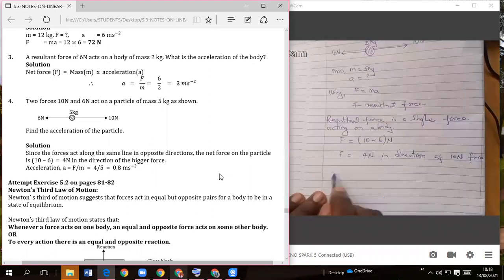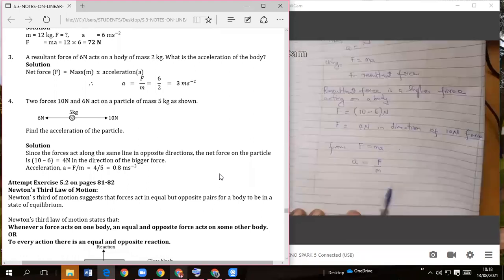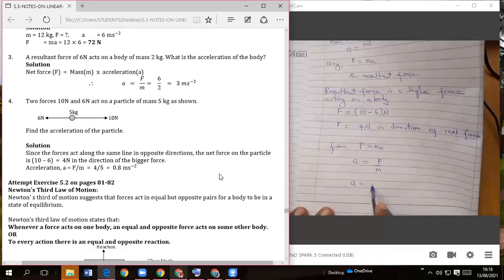Okay? So from F equals MA, our A will be equal to F over M. So our acceleration will be the resultant force, which we have got as 4, over our mass, which is 5.